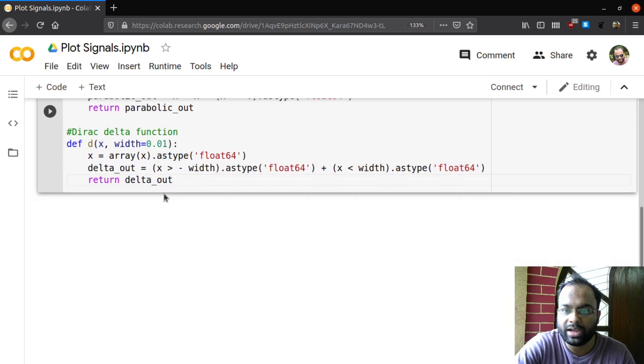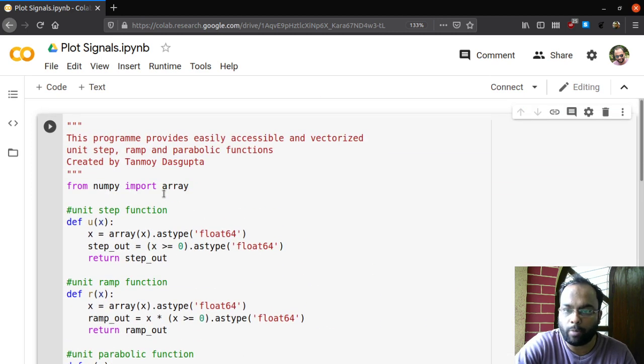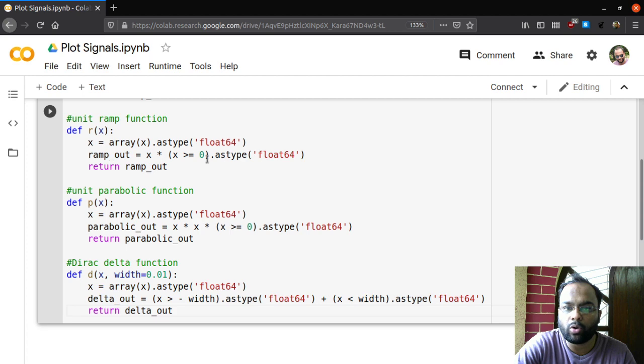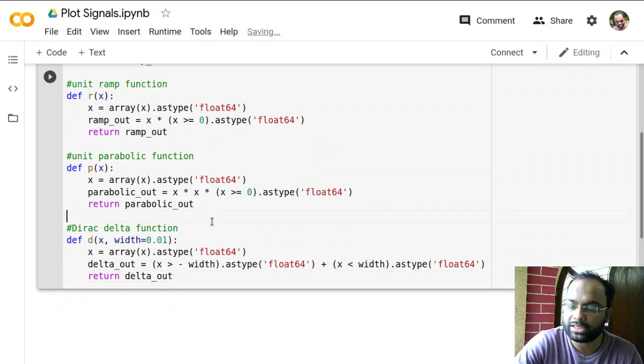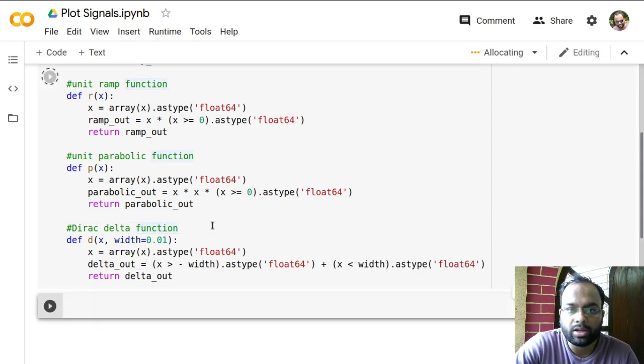I just defined those earlier. So I just copy pasted the code, and in order to run the code in the cell, let me full screen this. I just have to press shift enter. I will give you all these so that you can open the file and do this here.